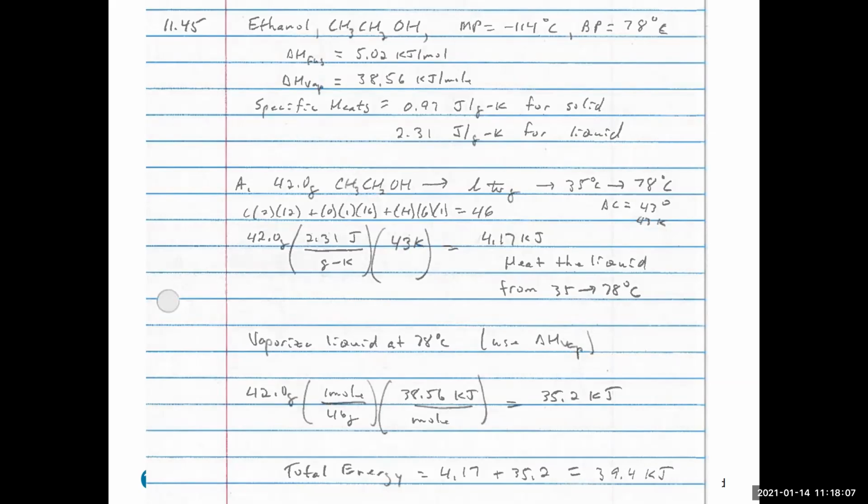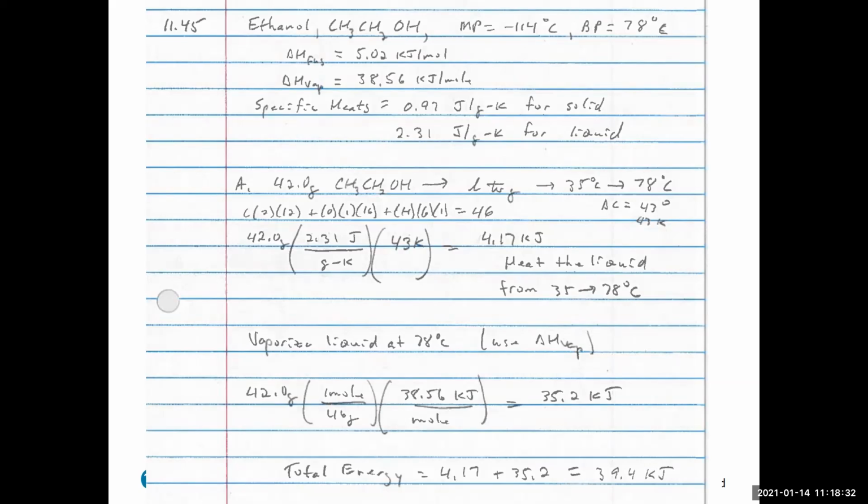I wasn't given any information about moles. I was only given a weight, that 42 grams. The other thing is I look at those specific heats, and those have a Kelvin factor in them. So it tells me temperature is going to be involved somehow. And I have a temperature change here. And so I'm going to need to know something with temperature just from a units perspective to cancel out.